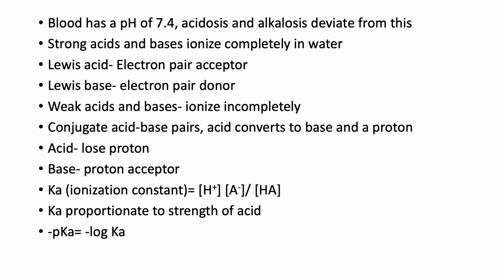So again, we look at acids losing protons and bases accepting protons, and this is the way we go into this. The ionization constant is the product of the concentrations of the proton and the conjugate base over the concentration of the unionized acid that's existing.